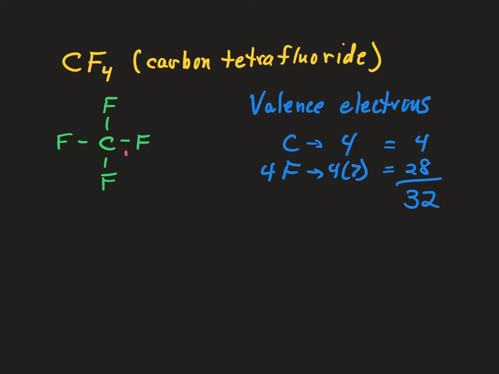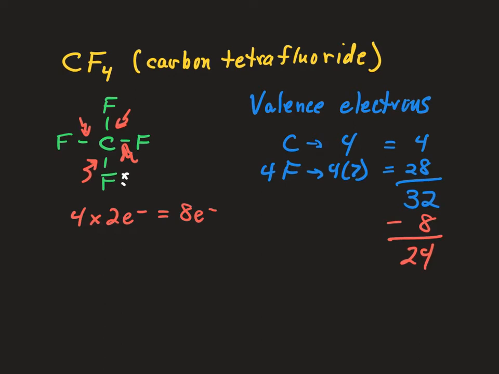We've got 4 bonds already drawn, each of which is 2 electrons. That's 8 electrons already accounted for. So we subtract those 8 because we already know where they are. That leaves us with 24.